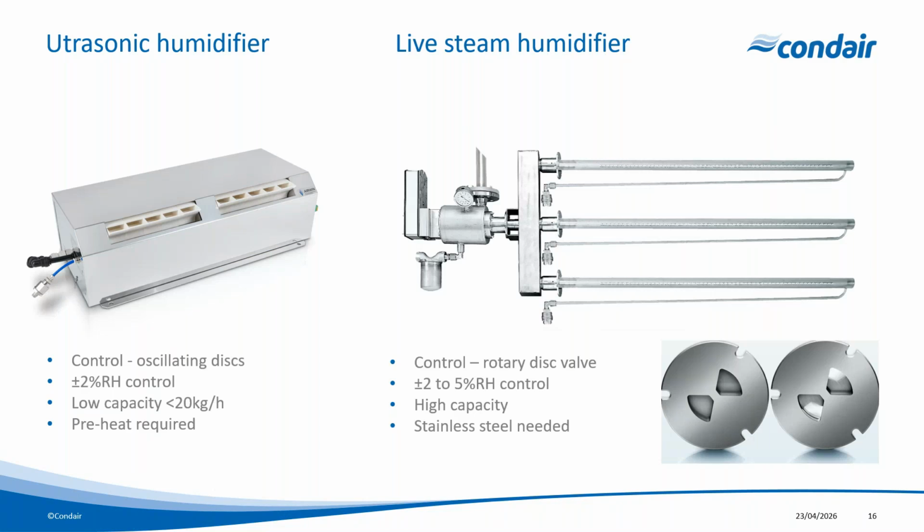When the valve opens up on the receipt of a control signal, then steam is metered into those lances and then distributed into the ductwork or the air handling unit. And typically, you get a control tolerance of 2 to 5% RH. The capacities for these units are much higher. They go from 5 up to 1,000 litres an hour. And stainless steel versions are available if you require clean steam.